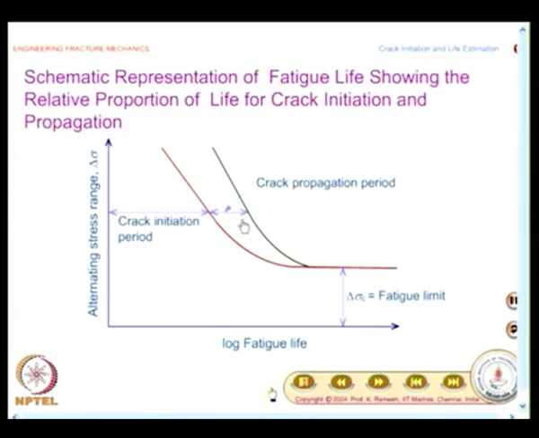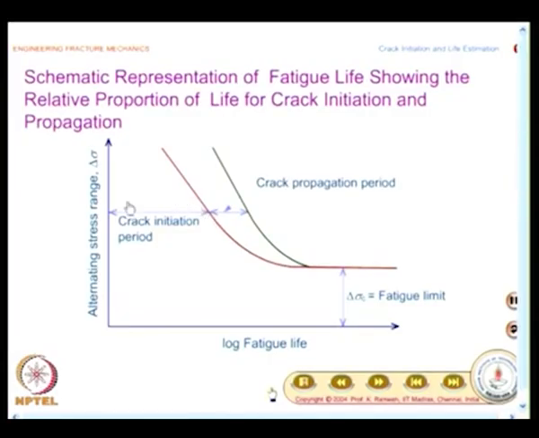In the crack initiation phase, it is a metallurgist who really makes a contribution. If you delay the crack initiation, it is all the more better. So, you gain advantage in the design life if you have mechanisms to delay crack initiation, but once the crack starts growing, we could develop NDT schedules based on fracture mechanics and handle the situation.